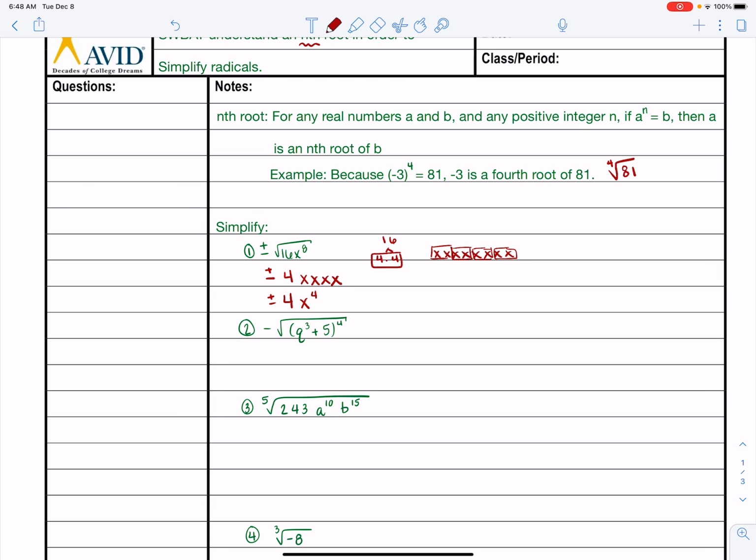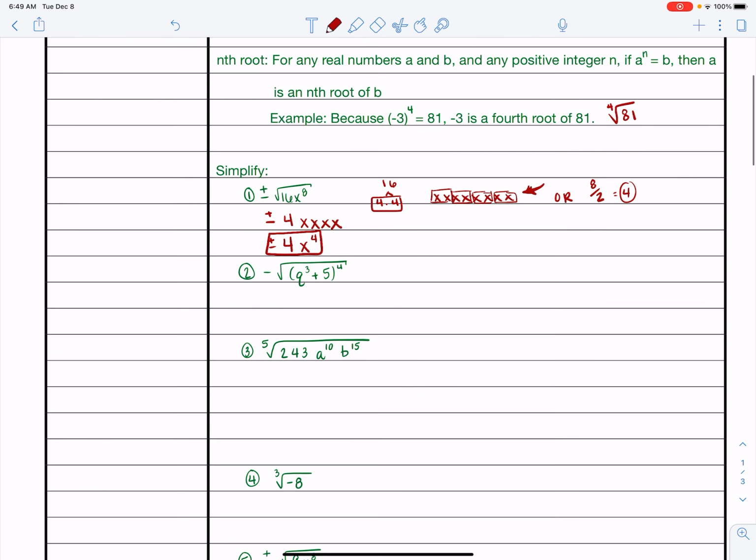Okay, so when you have an exponent, you can write it all out and find how many pairs, or you can take the exponent divided by 2, because this is a square root, and 8 divided by 2 is 4. So my exponent has to be 4. Okay? All right, let's look at the next one.